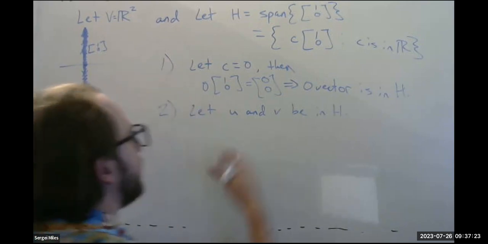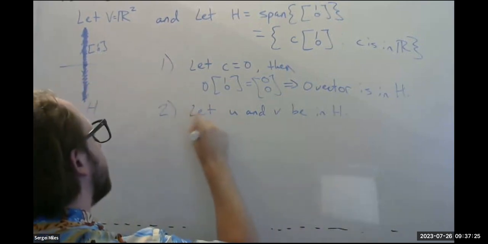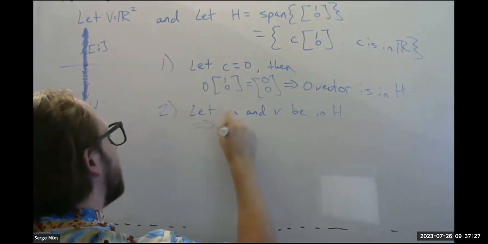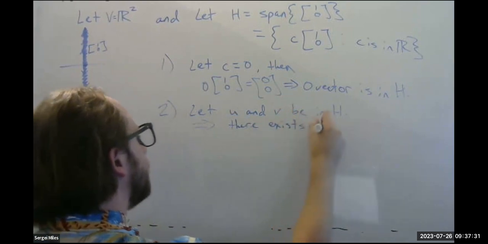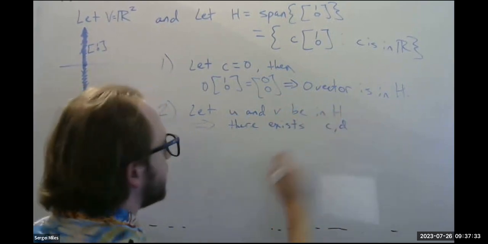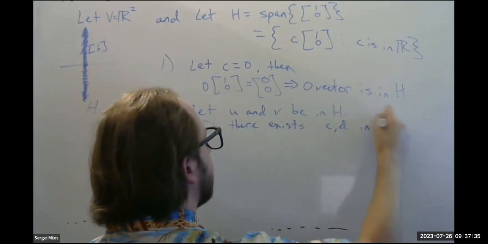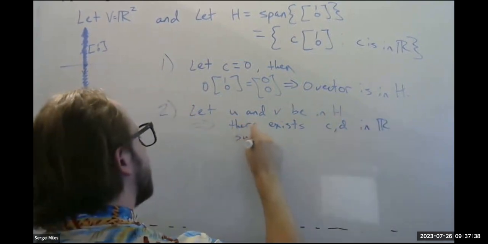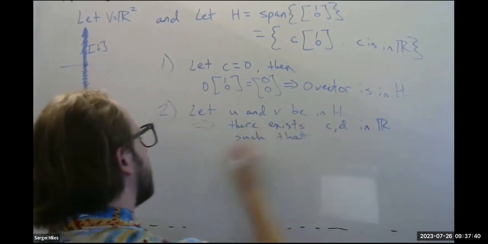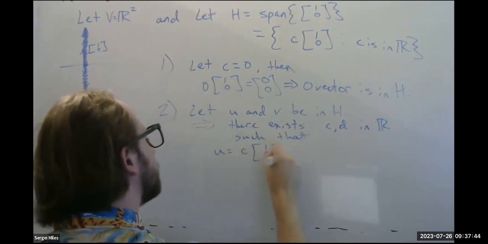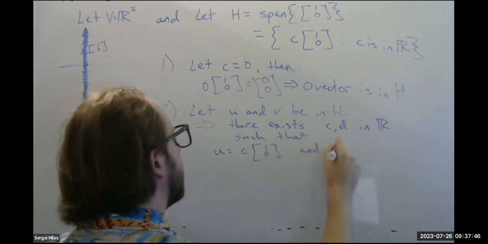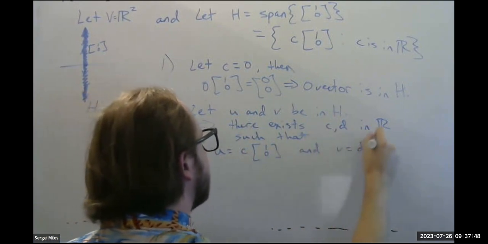Okay? Well, if u and v are in H, this means that there exist constants, I'll call them c and d, in R such that u equals c times (1, 0), and v equals d times (1, 0).